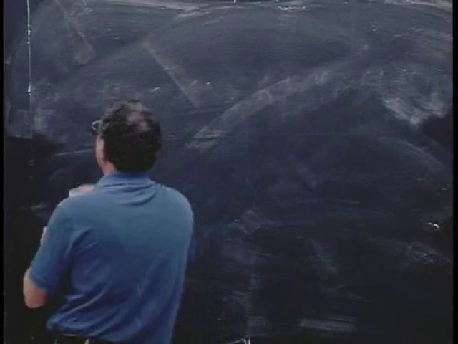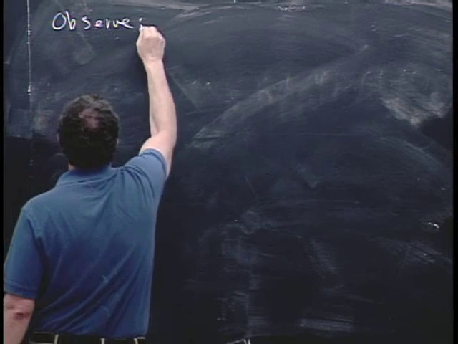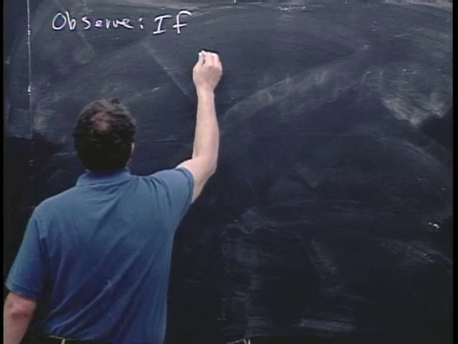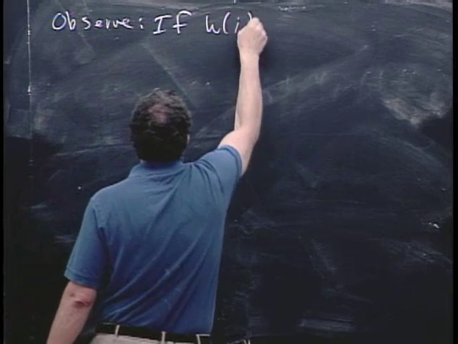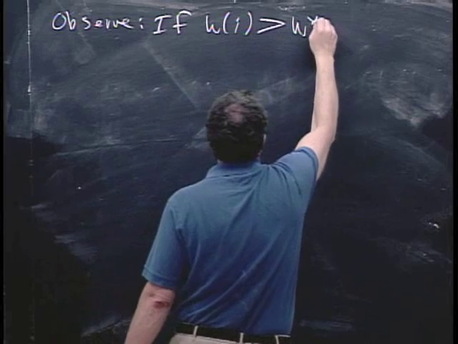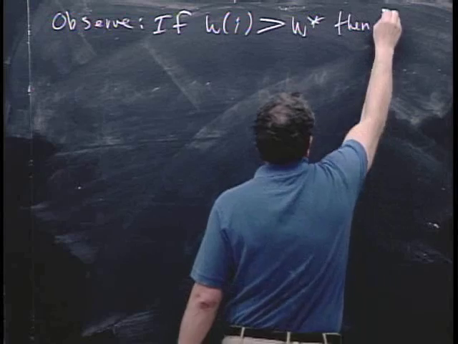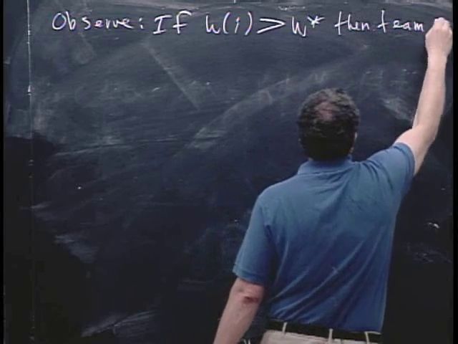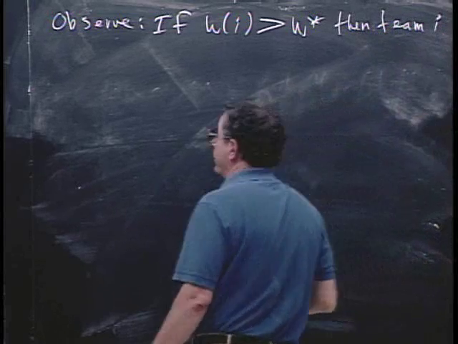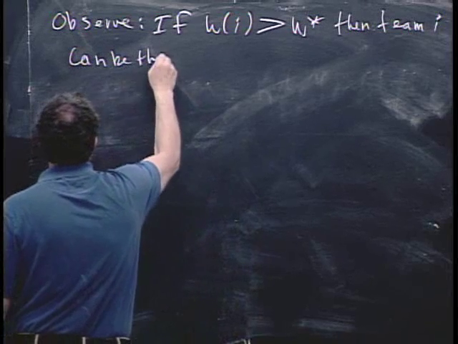So here's an observation. If Wi is strictly larger than W star, then team I can be the strict winner.